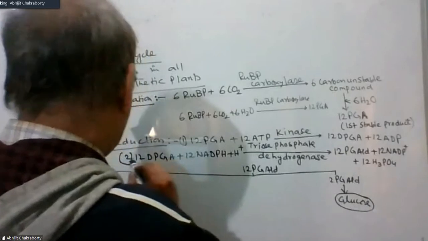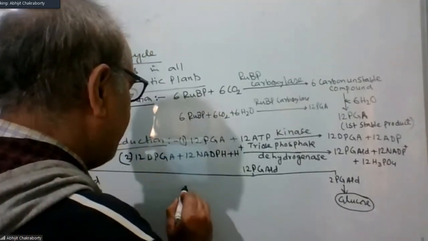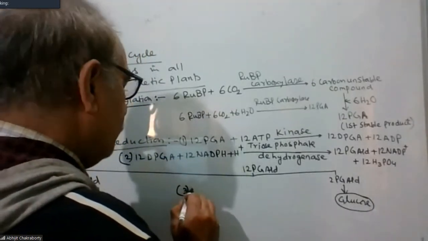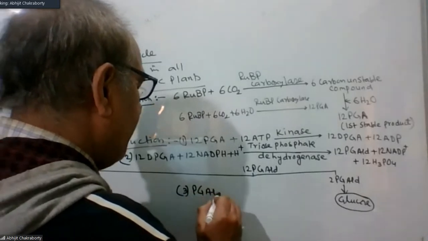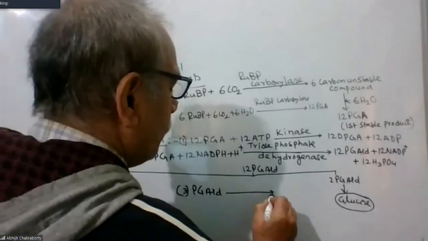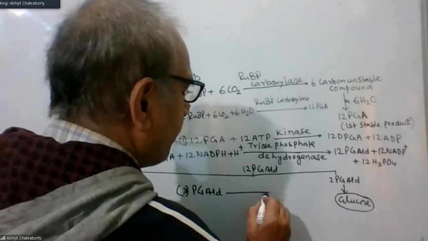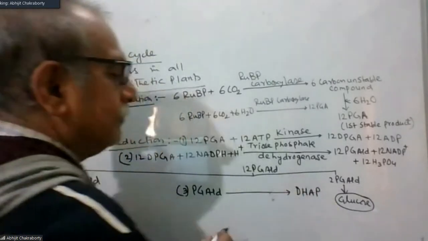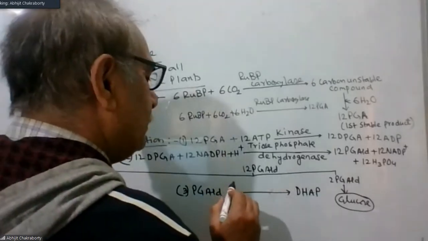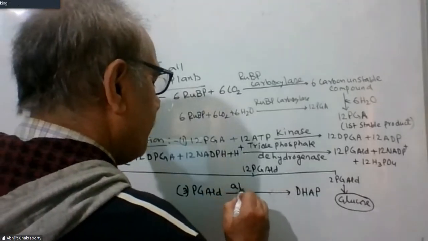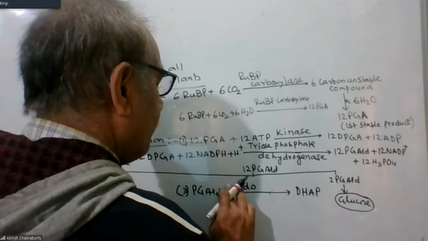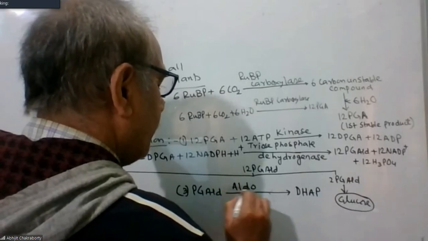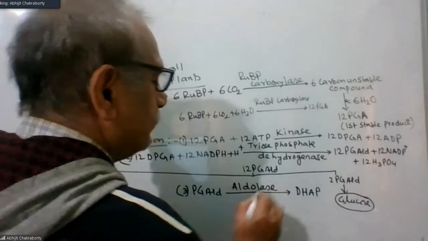First, reaction number 2, then reaction number 3: one PGALD is converted to dihydroxyacetone phosphate. The enzyme is aldolase.